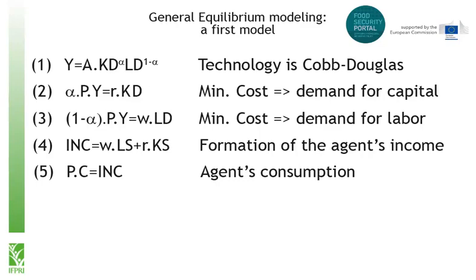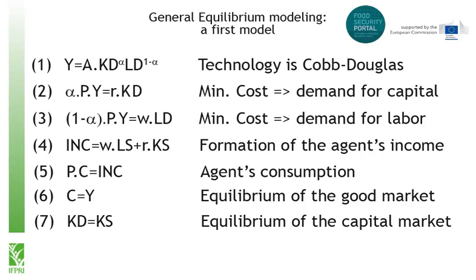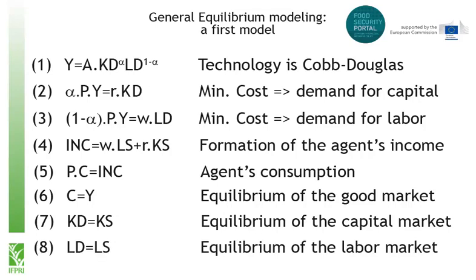Then we've got the final block of equations, which is equilibrium of markets. First, on the goods market, this is equation 6, C is equal to Y. KD is equal to KS, this is the equilibrium of the capital market. And equation 8 is LD is equal to LS, this is the equilibrium of the labor market.